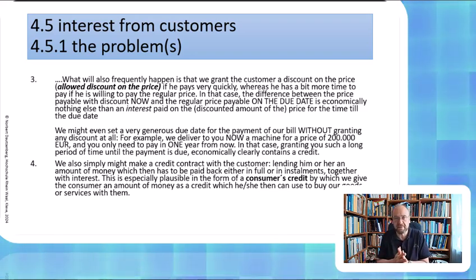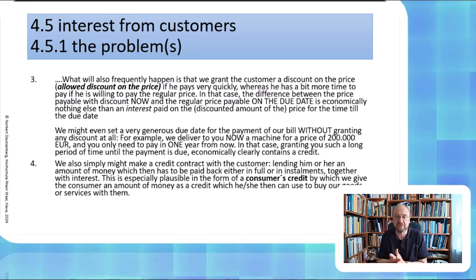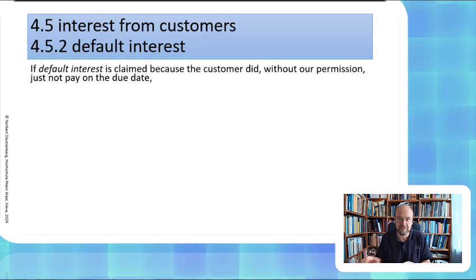We fix payments or terms for the payback, either in a full amount after a certain period of time or in regular installments plus interest in both cases. Then you would have a regular consumer credit agreement. All these things can have different treatments under value-added tax because there are different rules underlying or different situations.